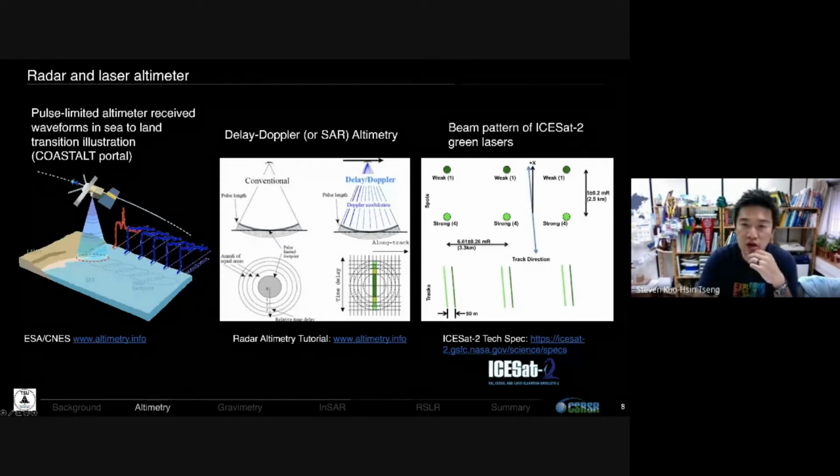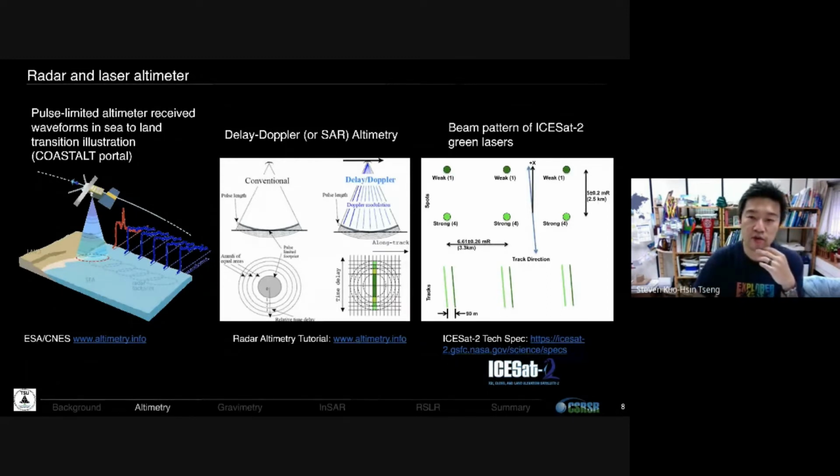Currently, we have a so-called delay Doppler, the so-called SAR altimetry. The function is similar to SAR because SAR utilizes delay Doppler. The Doppler has a frequency shift.